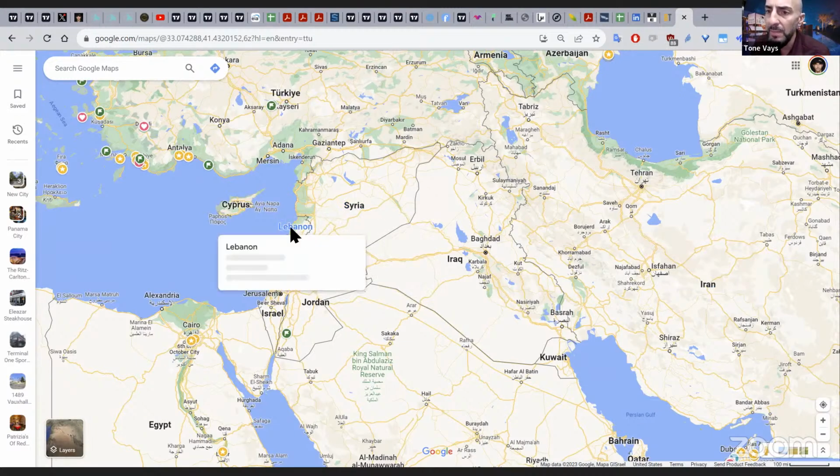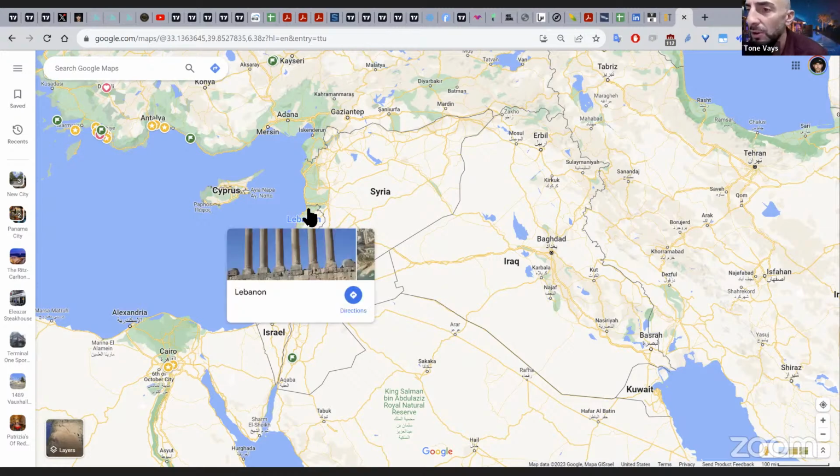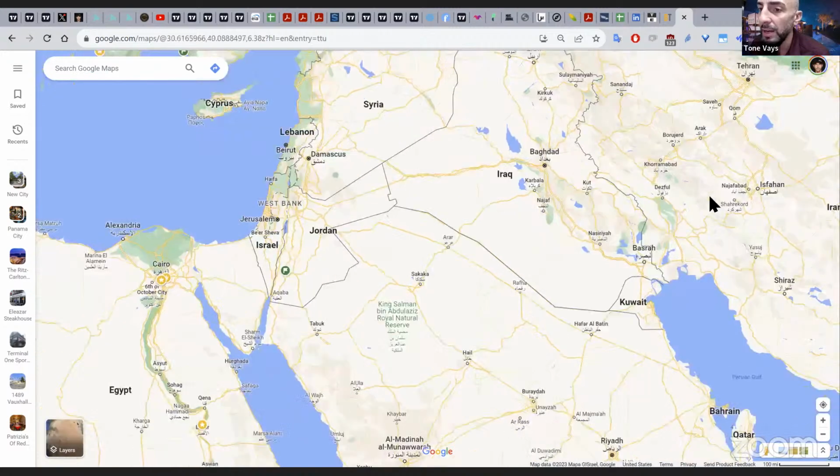And Lebanon is where Hezbollah is. So Iran is able to have a supply chain, even though I'm sure there's a lot of bribes going on, into Hezbollah. How the hell is Iran gonna supply the Gaza Strip?